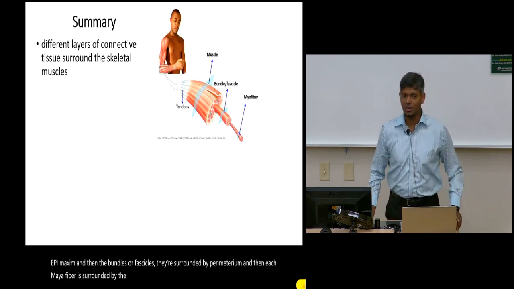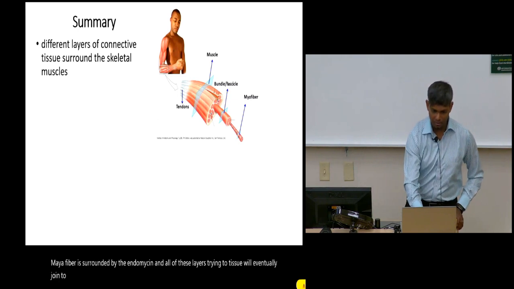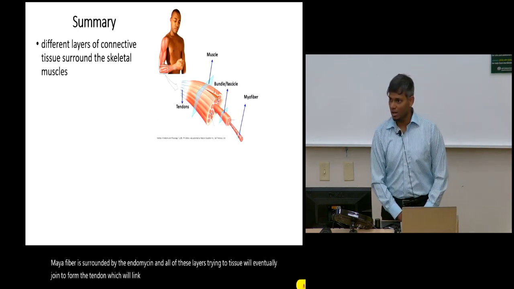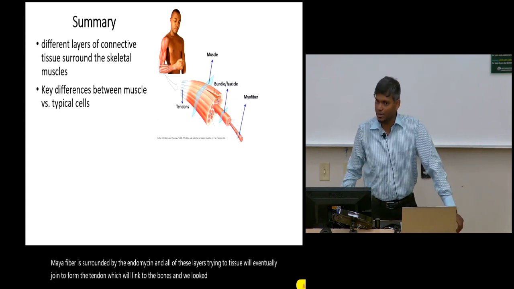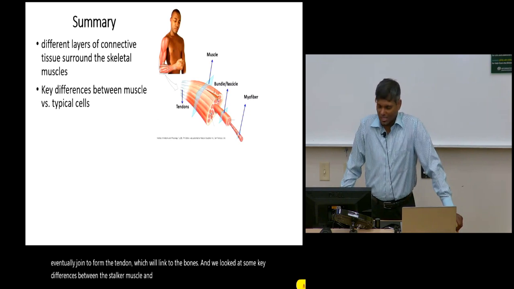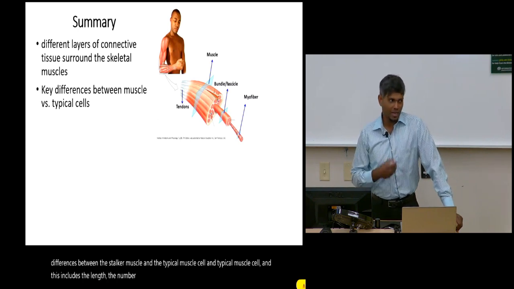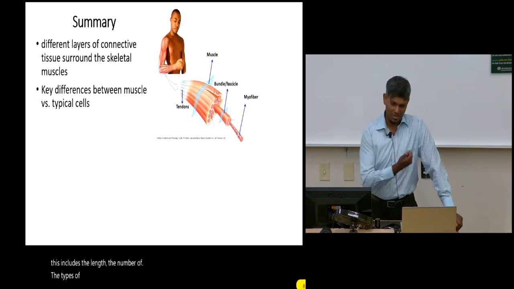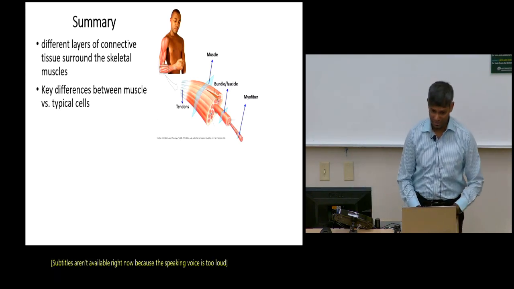And all of these layers of connective tissue will eventually join to form the tendon, which will link to the bones. And we looked at some key differences between the typical skeletal muscle cell and a typical cardiac muscle cell, and this includes the length, the number of nuclei, the types of organelles inside it, like sarcoplasmic reticulum and the ordered myofibrils. Those were some key differences.